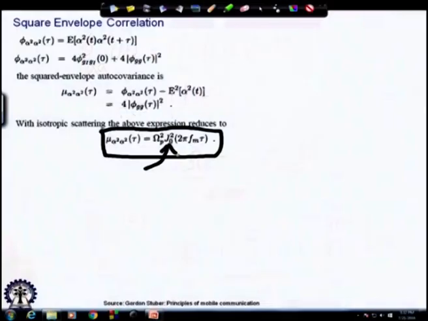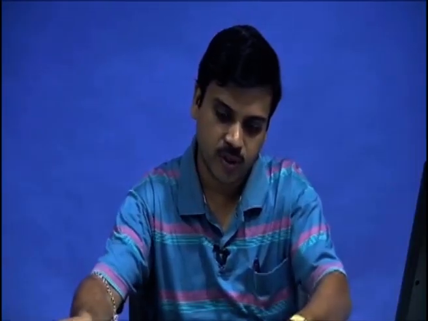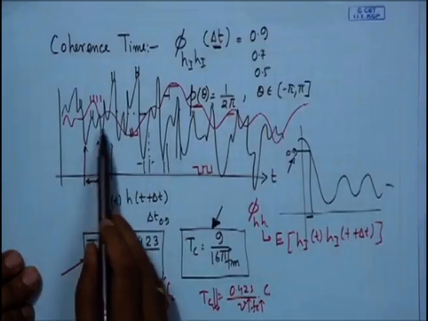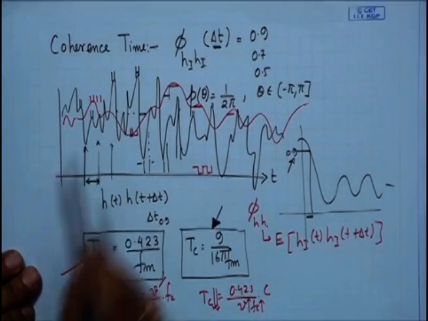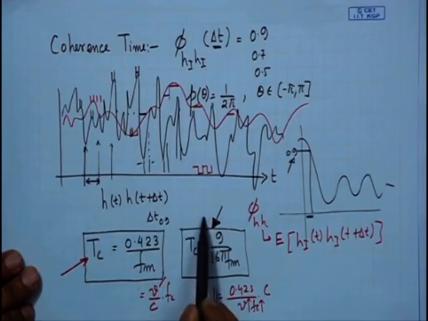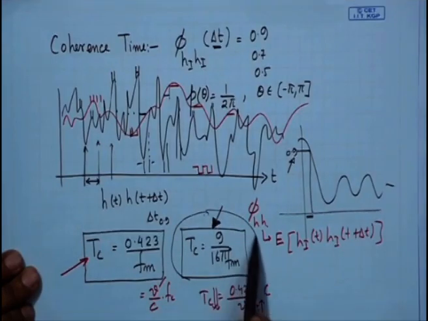And just to summarize, what we have also talked about in today's discussion is the calculation of coherence time. We have explained what is the meaning of correlation function and how this correlation is affecting, and we have also explained a rule of thumb for calculating the coherence time for the special case that we are taking.